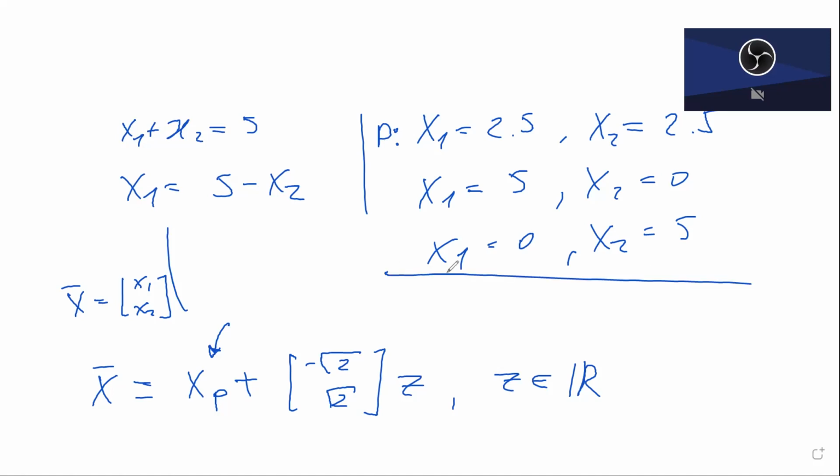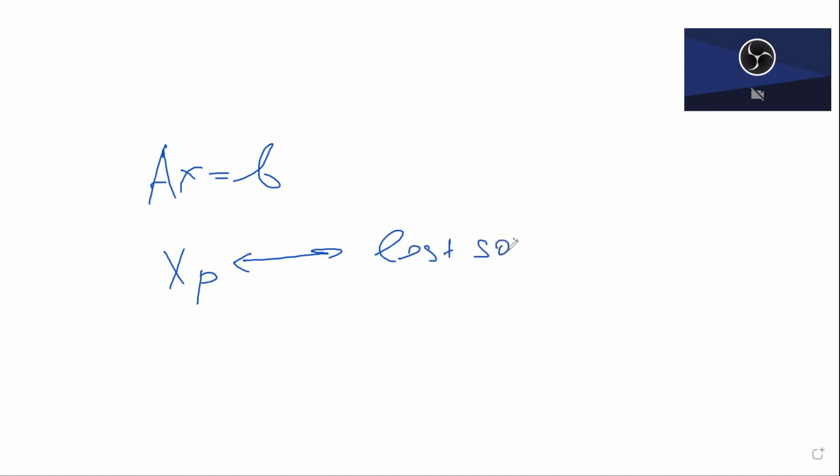Okay, so Ax equal to b. You're asking whether or not some particular solution is the same as the solution to least squares.